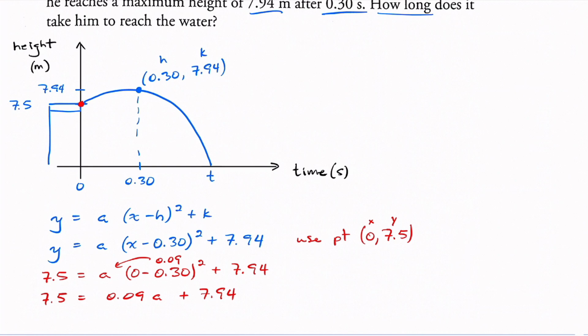Then let's get rid of that 7.94, so subtract 7.94 from both sides. They'll cancel over here, and I'm left with negative 0.44 equals 0.09a.